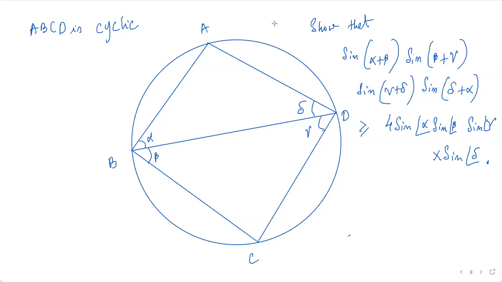So let's join AC. And now look at this, sine of alpha plus beta. Now I'm working on triangle ABC, so sine of alpha plus beta by AC will be equal to 1 by 2R, where R is the radius of the circumcircle of triangle ABC.